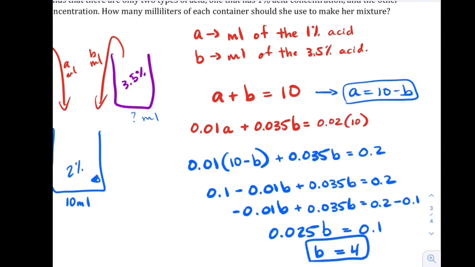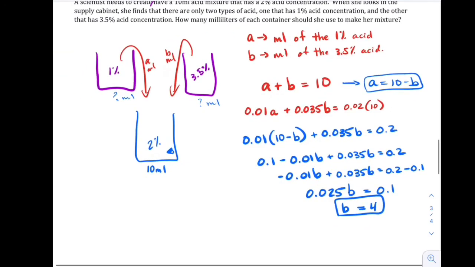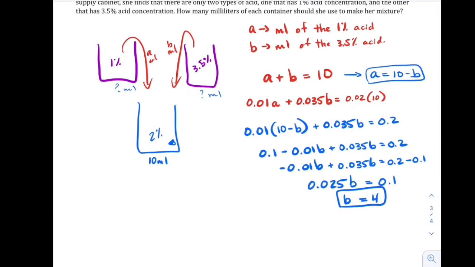So that means we need to use 4 milliliters from B, which is the milliliters from the 3.5 container. And then I find the other one, the original equation, A is equal to 10 minus B, right? That's that box that we have in the top right-hand corner. And I know B is 4, which is going to leave me with an A value of 6.